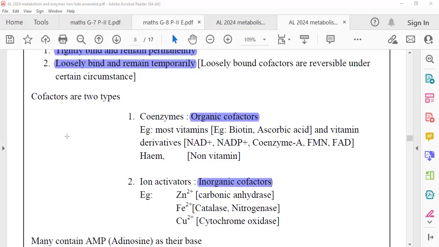Most vitamins and vitamin derivatives are coenzymes. Biotin, ascorbic acid like vitamin C, vitamin derivatives like NAD plus, NADP plus, coenzyme A. FMN is not in syllabus, remove that one also, not necessary.